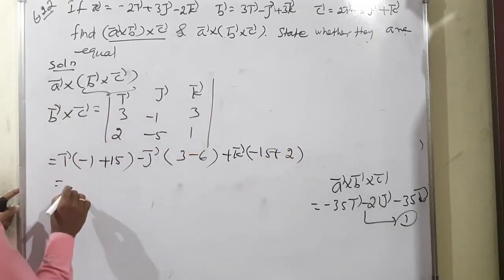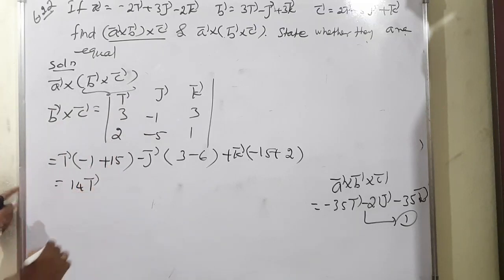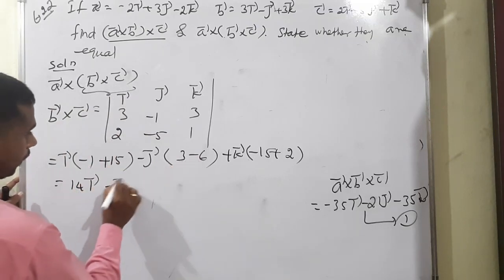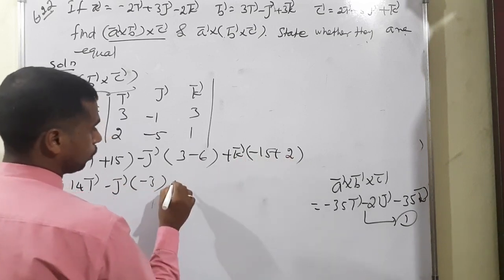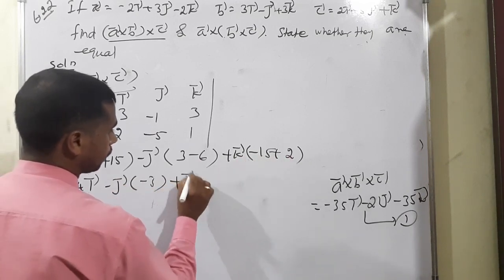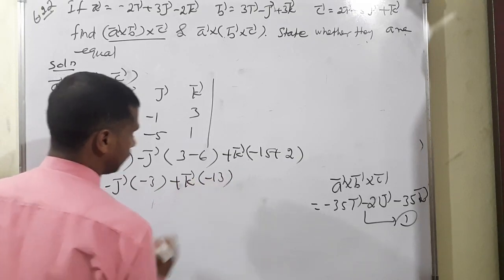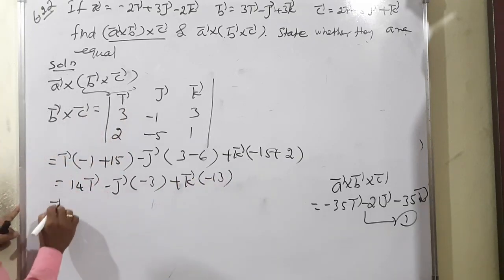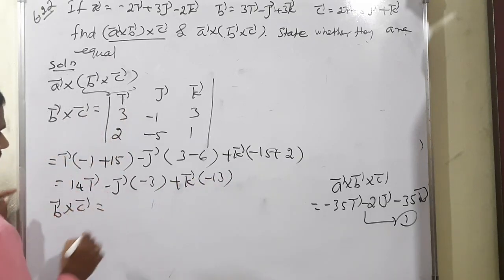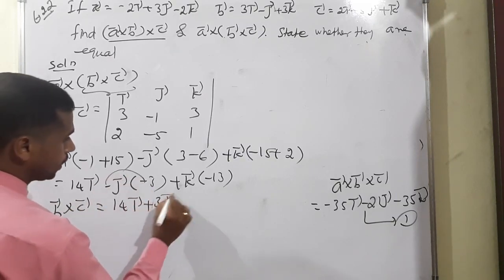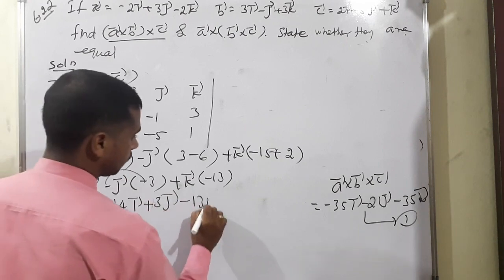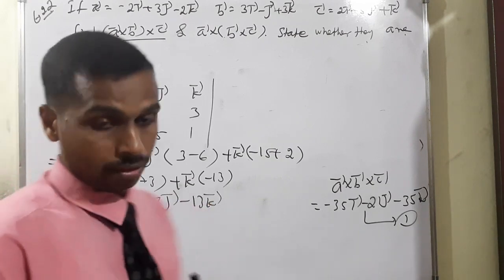Now minus 1 plus 15 means 14 i vector, 3 minus 6, so minus j vector minus 3, again minus 15 plus 2 means k vector minus 13. Therefore b vector cross c vector is equal to 14 i vector, minus into minus, plus 3j vector, minus 13 k vector.